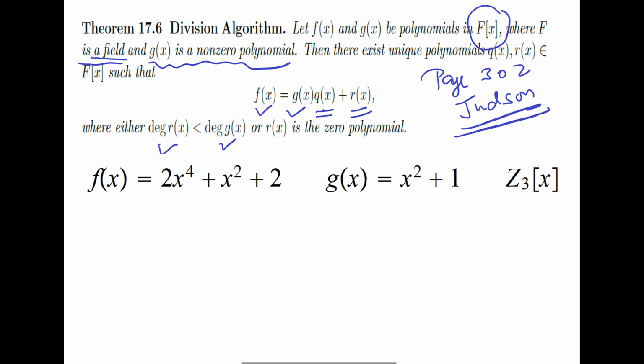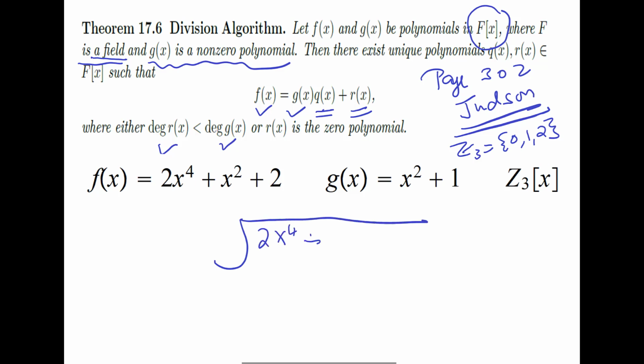Here we have Z3, the field with the elements 0, 1, 2, and what we are doing is dividing 2x to the 4 plus x squared plus 2 by x squared plus 1. So comparing these, we get 2x squared. So we have 2x to the 4, then plus 2x squared here.